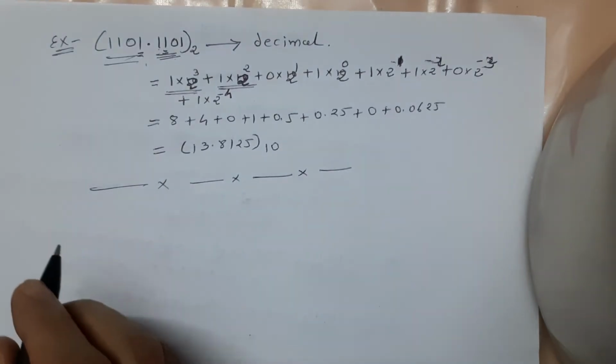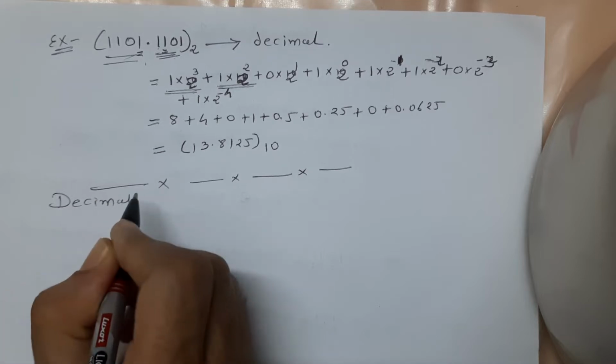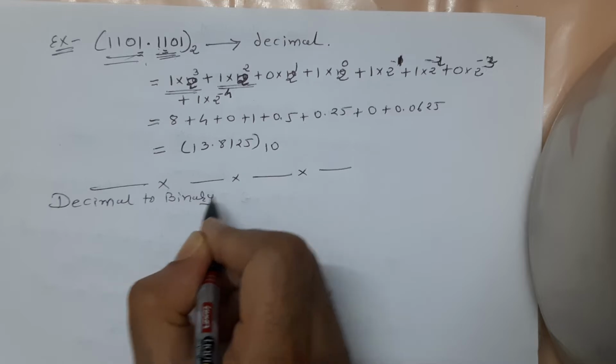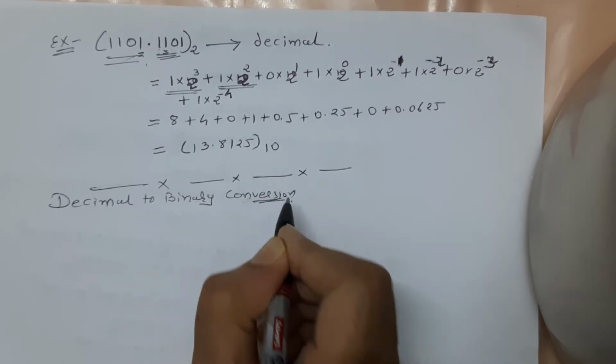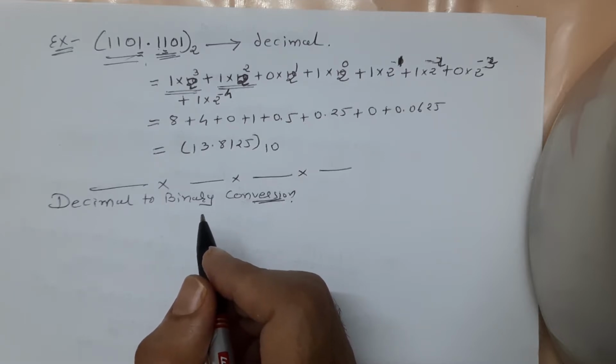Now decimal to binary conversion. There are two methods to convert a decimal number to its equivalent binary number.